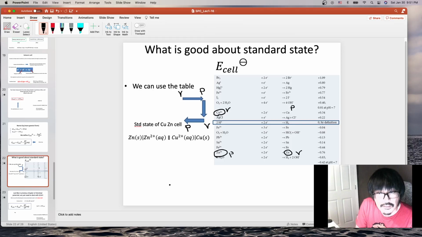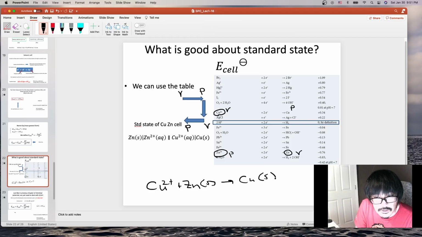So this reaction right here is Cu2+ plus zinc solid becoming Cu solid plus Zn2+, and my hand movement goes like this, in a clockwise motion.